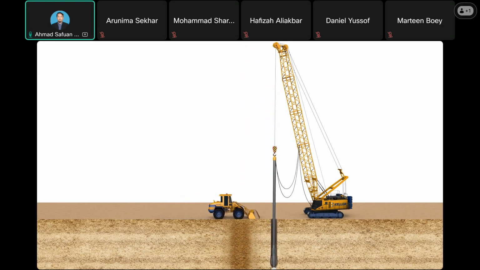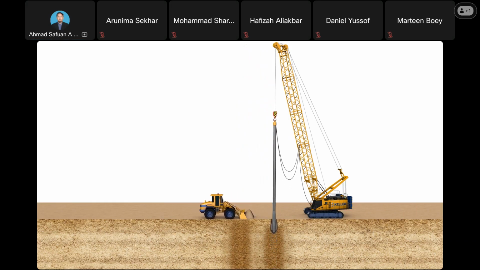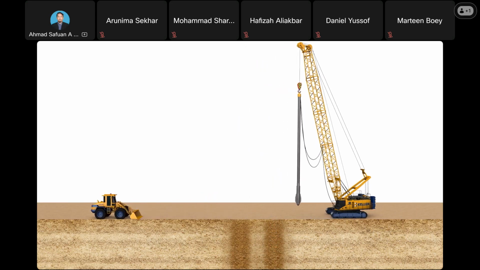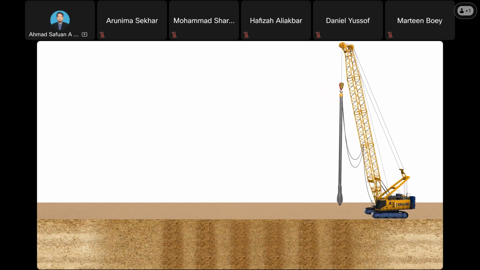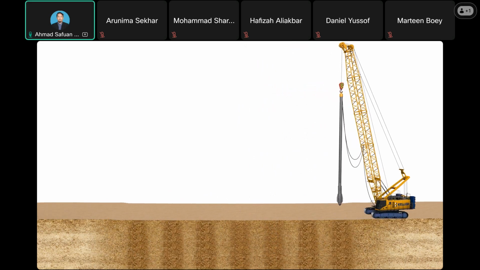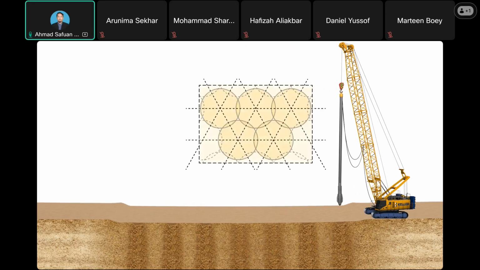So they fill the hole with the granular material, then compact it at the same time. Then they complete the process.